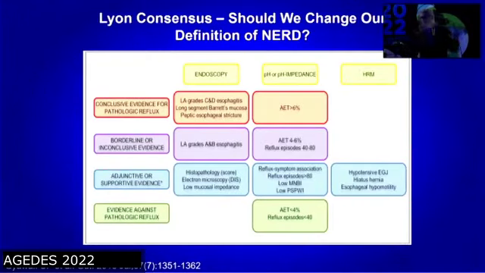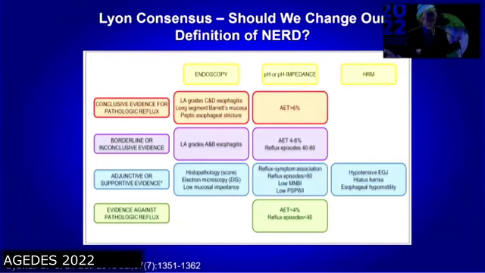The Lyon consensus changed a few things in my mind. They may affect how we separate functional heartburn, reflux hypersensitivity, and non-erosive reflux disease because they change some of the definitions. This is the consensus meeting about new metrics for diagnosing gastroesophageal reflux disease that was done in Lyon, France.